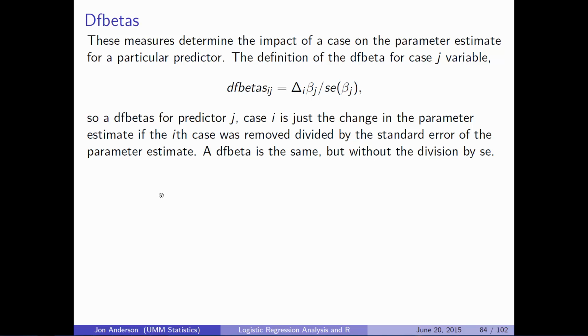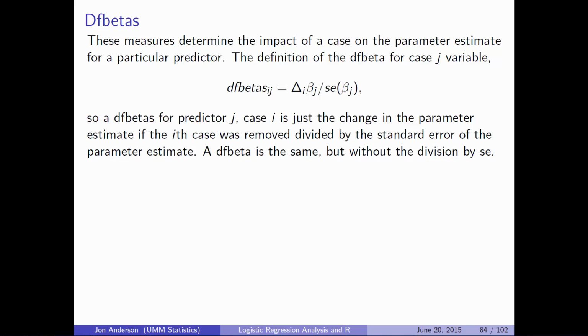DF betas are another way to measure influence, and what you're looking for here is, deleting a particular case, case i, how much does it change the estimate of a predictor or a coefficient, beta j?